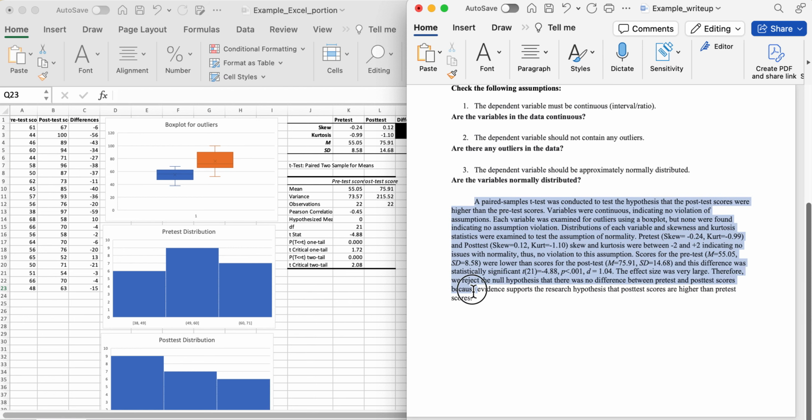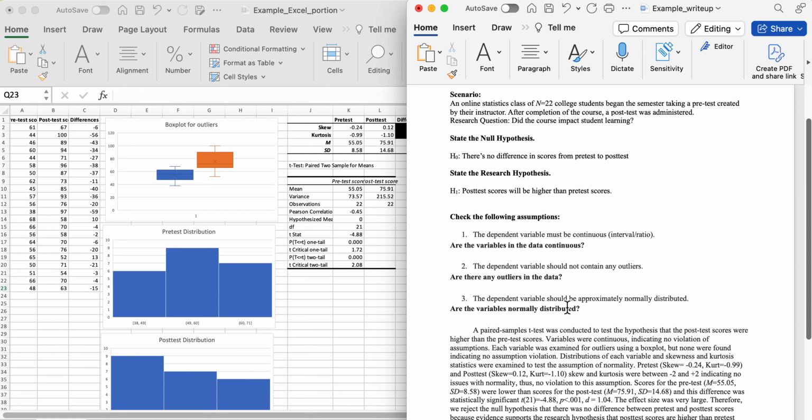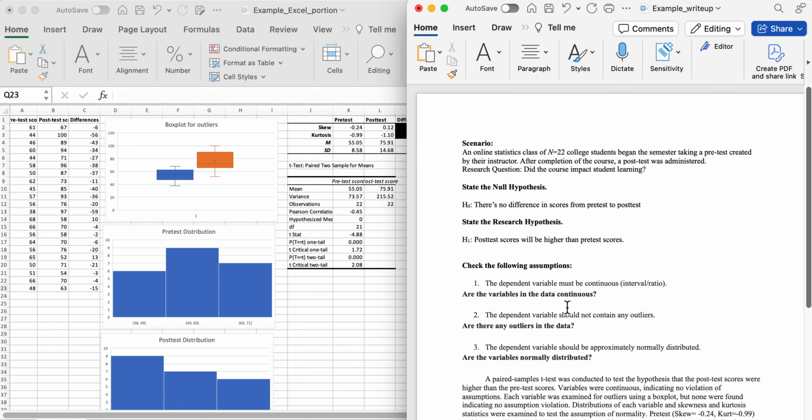So you have to have it mentioned within this paragraph. Everything I have in here is necessary for you to have, based on the numbers that you get. So you will need to make sure that you're attending to each of these separate concepts within here. But that is it. That is what you would submit.